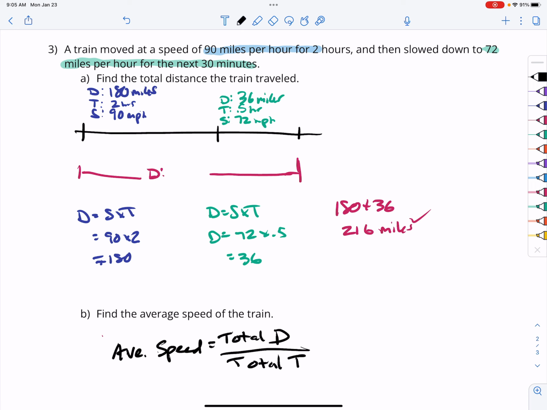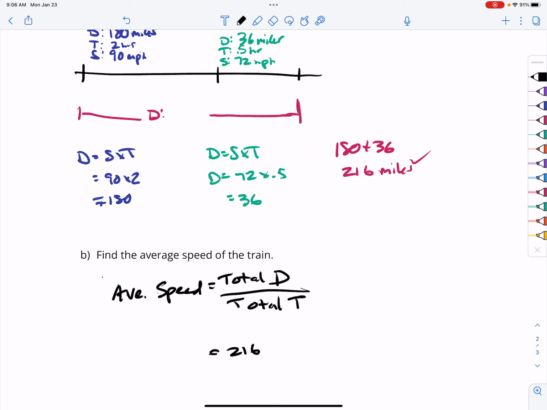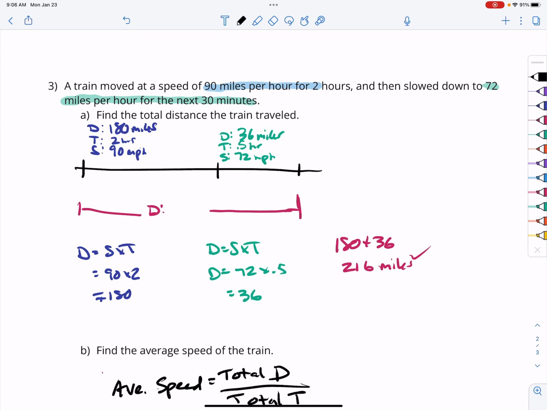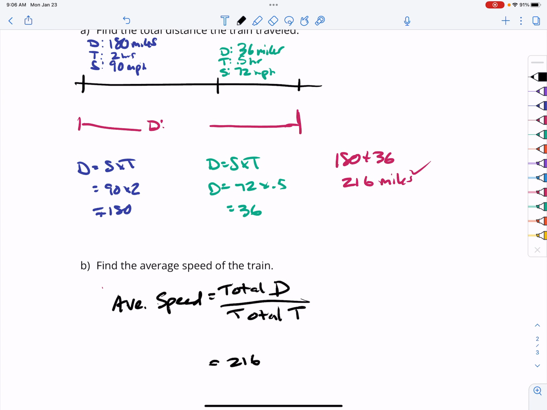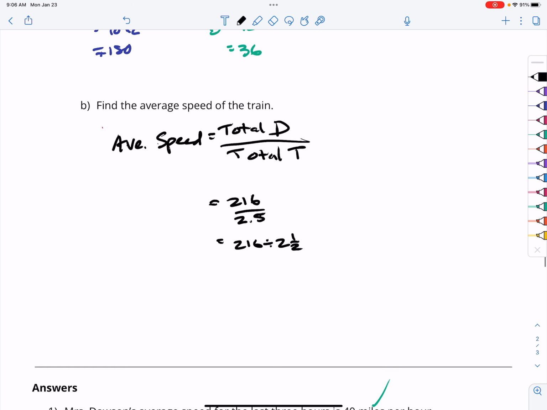So our total distance we just figured out up above is 216 miles, and our total time is going to be 2 hours plus 30 minutes. So 216 divided by 2.5. So if you want to pause it here, you can do some math.